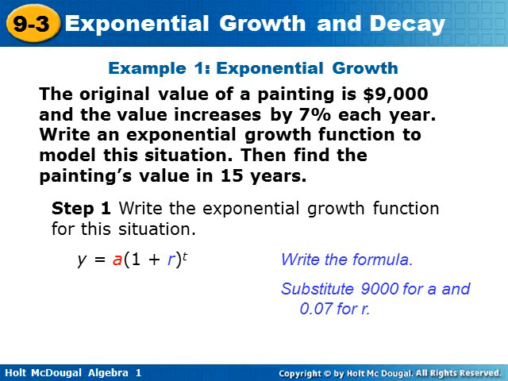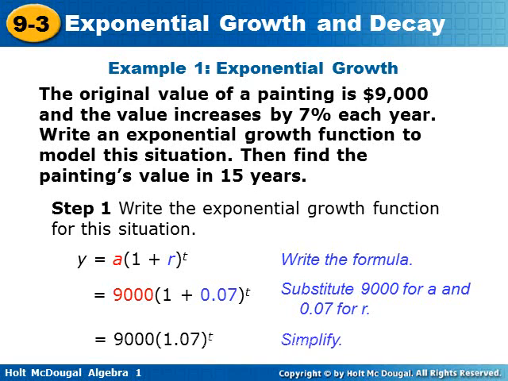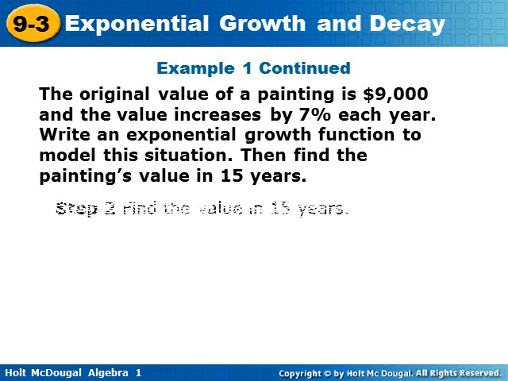Remember, that's the percent converted into a decimal, so we move the decimal value over 2 places to the left. So we get 9,000 times (1 plus 0.07) raised to the power of t. Simplify and add 1 plus 0.07, and we get 9,000 times (1.07) raised to the power of t.